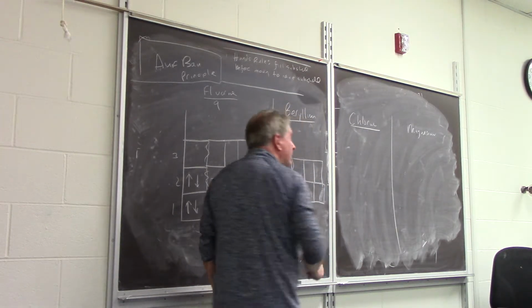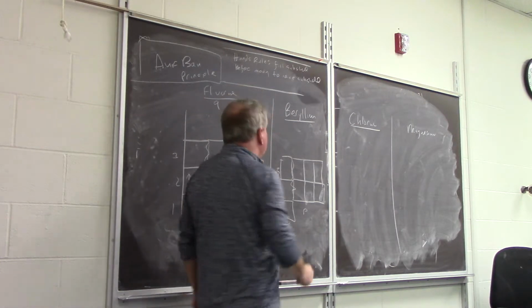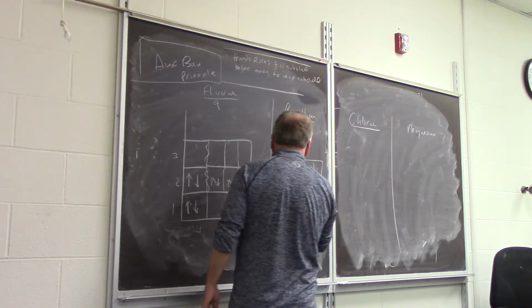Okay, beryllium has how many electrons? It has 4.